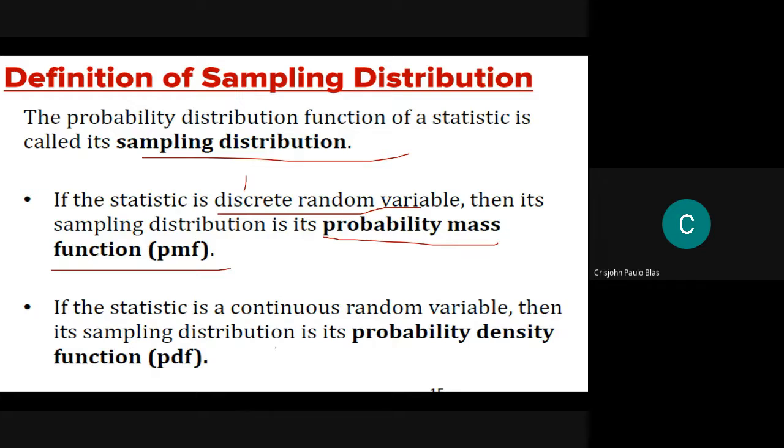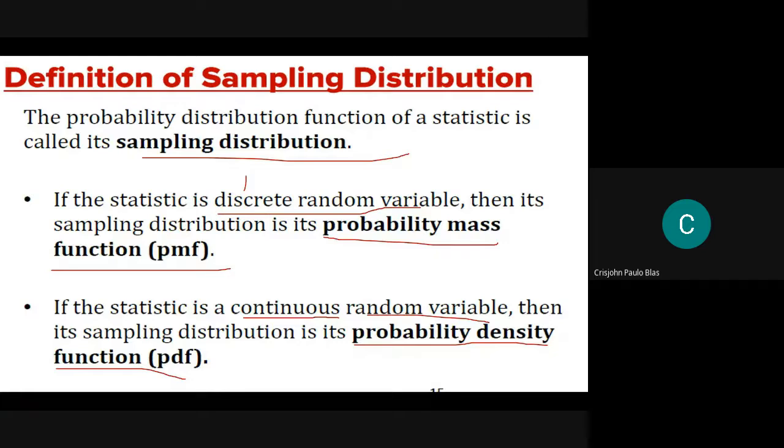While if the statistic is a random variable but continuous, then its sampling distribution is the probability density function. That is the PDF. Okay? Discrete random variable of a statistic, that is PMF, probability mass function. When we say the random variable is continuous for a statistic, that is probability density function or the PDF.